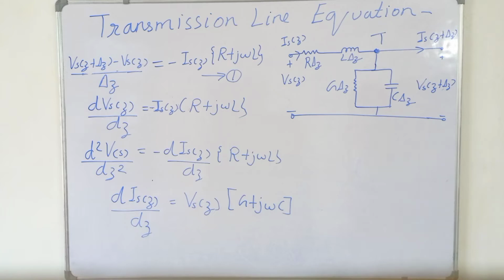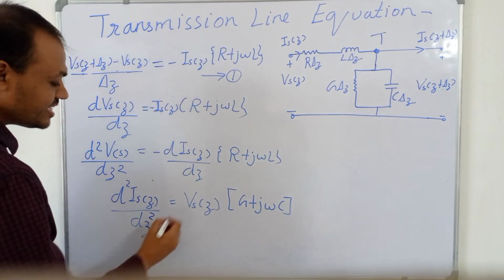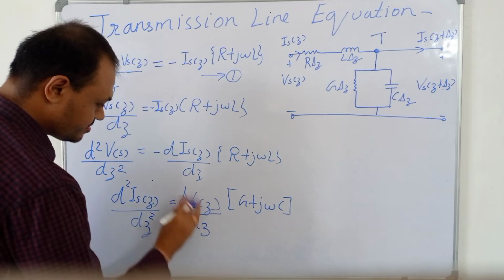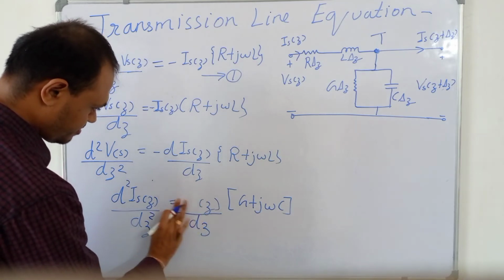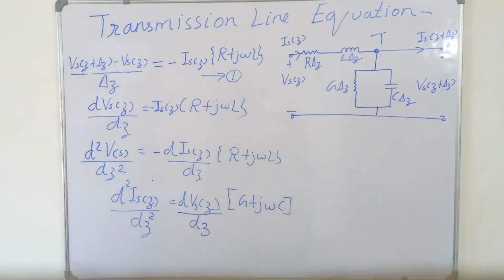If we differentiate it again, then we will get d square Is of z upon dz square is equal to dVs of z upon dz. So this is the second differentiation of the same equation.